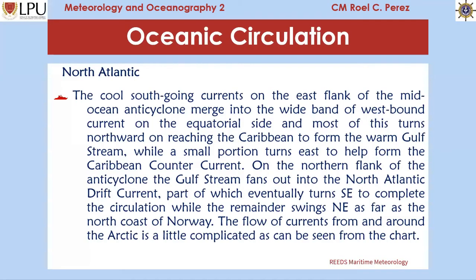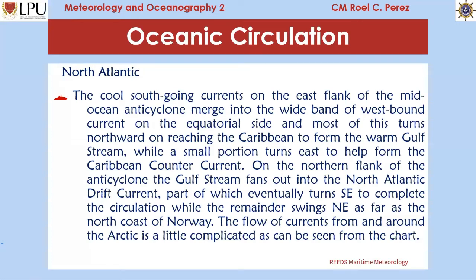Okay, the cool south-going currents on the east flank of the mid-ocean anticyclone merge into the wide band of westbound current on the equatorial side, and most of this turns northward on reaching the Caribbean to form the warm Gulf Stream, while a small portion turns east to help form the Caribbean countercurrent on the northern flank of the anticyclone.